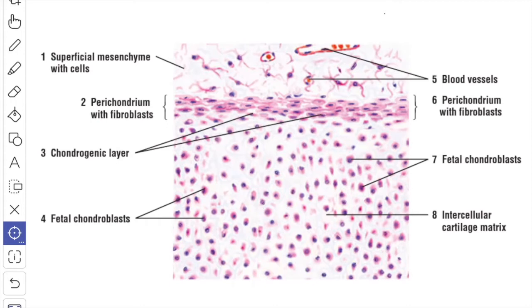The cartilage cells receive their nutrition by diffusion from the vessels present in the perichondrium or in the cartilage canals. The cartilage canals may also play a role in the ossification of cartilage by carrying the bone forming cells into it. So next we'll see about the growth of the cartilage.